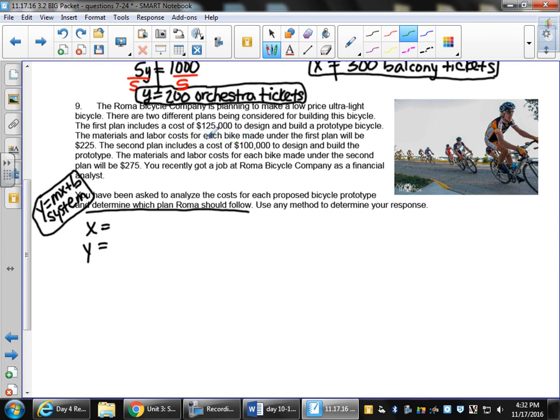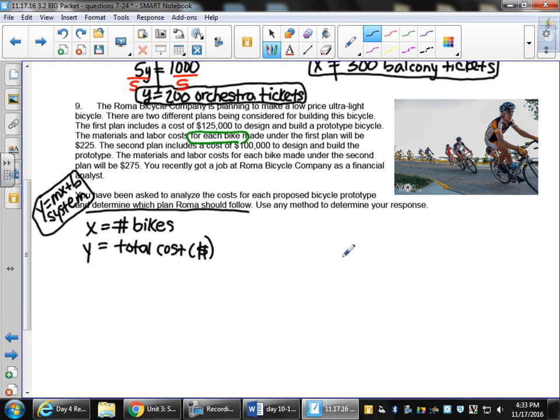So I know x will be, I don't want to cover it up too much. Third time's the charm. Not close enough. Okay. X is the number of bikes, not per bike or each bike, number of bikes. Once you know how many bikes are being made, we can figure out the total cost of the plan.